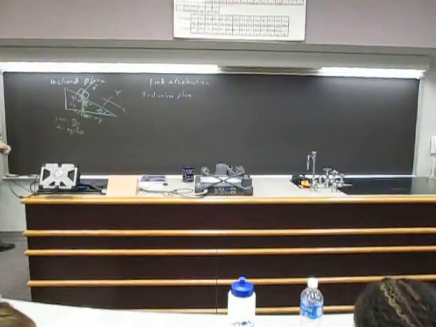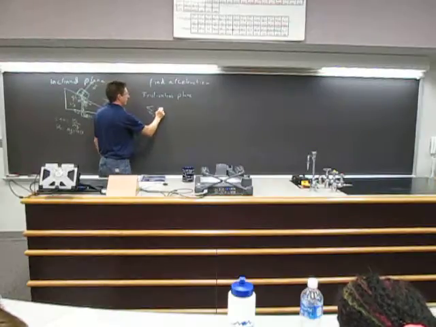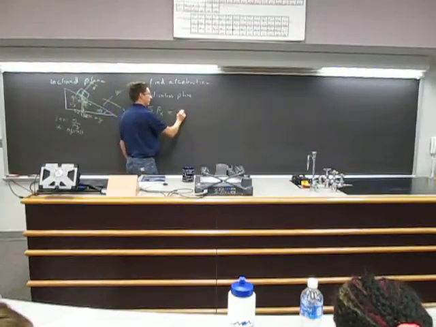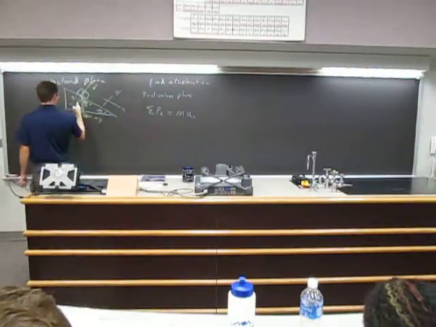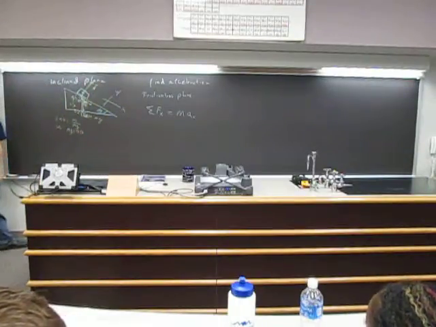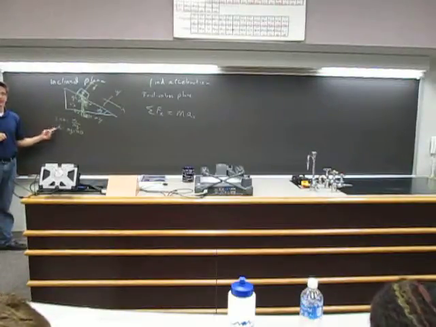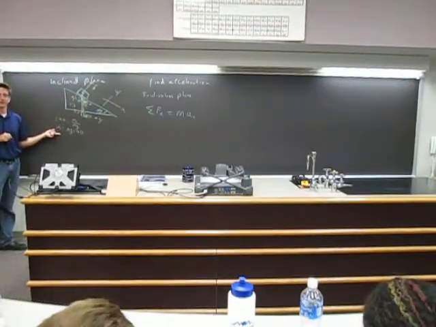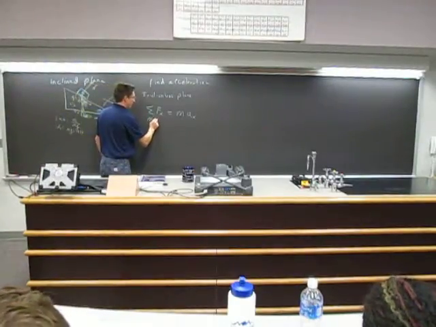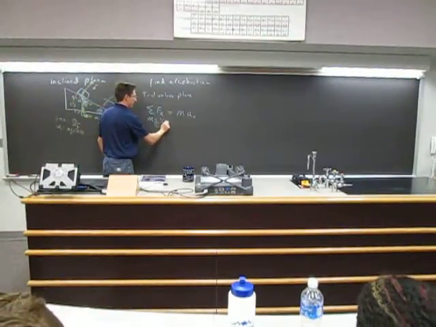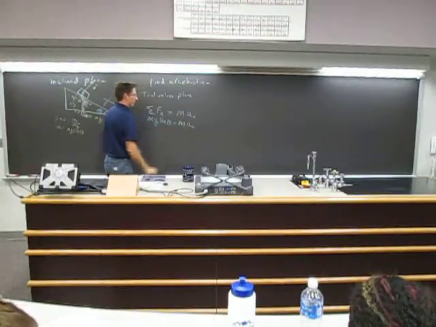All right. So if I'm summing up forces in the x direction, setting that equal to mass times the acceleration in the x direction, what forces are in the x direction on this block? Just that, which is part of gravity. It's the only force in the x direction in this case. So I would have mg sine theta is m times the acceleration in the x direction.